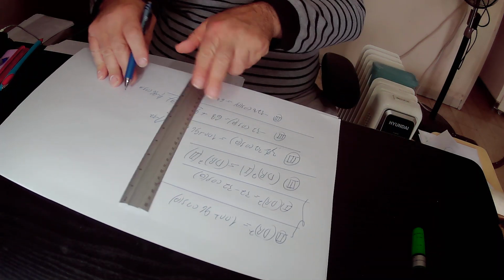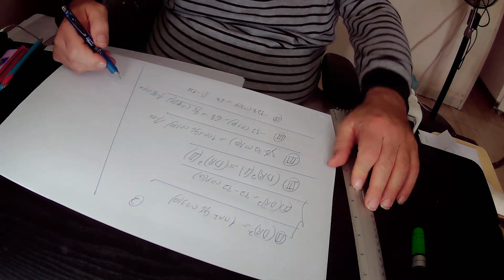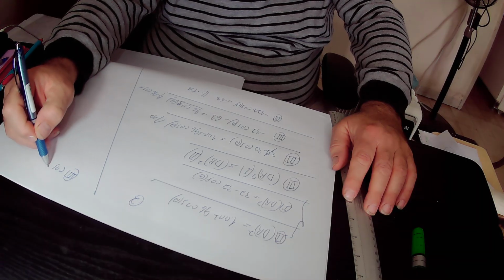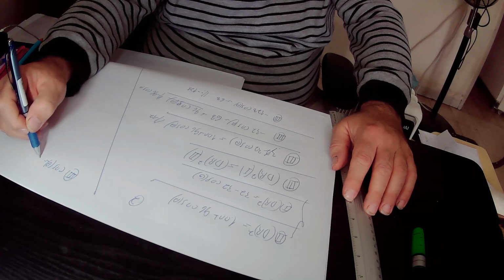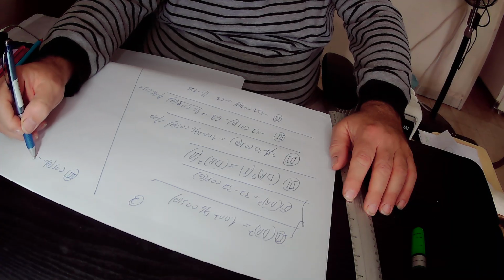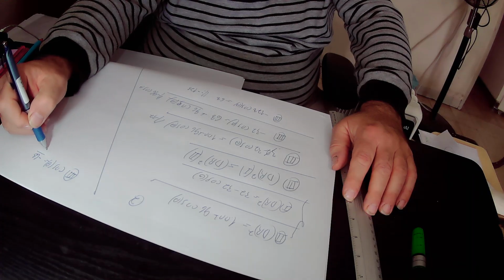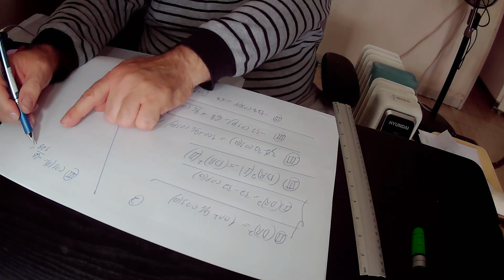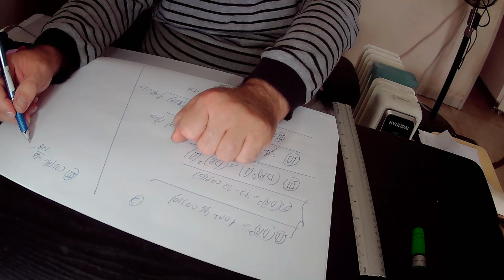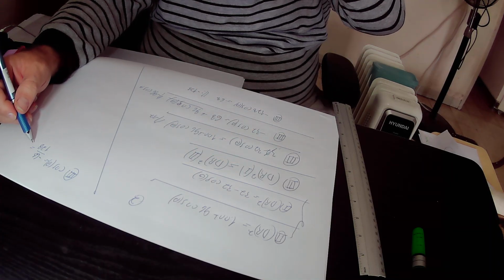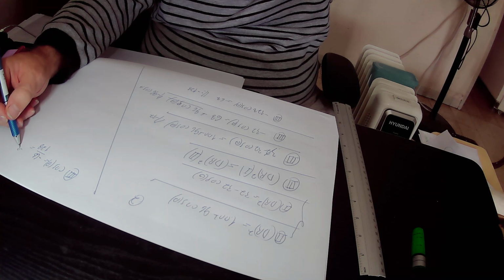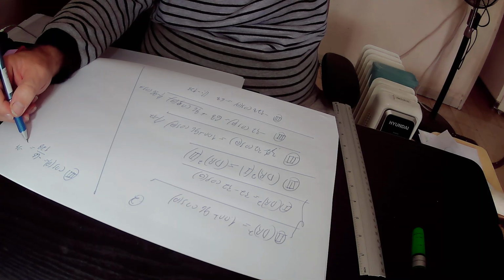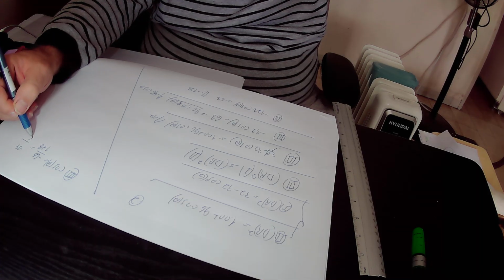So here we divide this equation by the coefficient, and we get that according to equation 3, cosine theta equals to minus 68 over 128. Here we divide both the numerator and the denominator by 2. We get that 68 over 2 is 34, and 128 over 2 is 64.